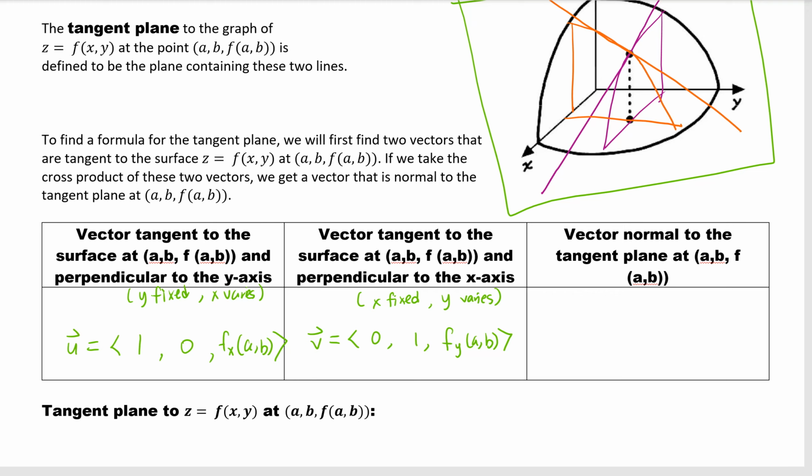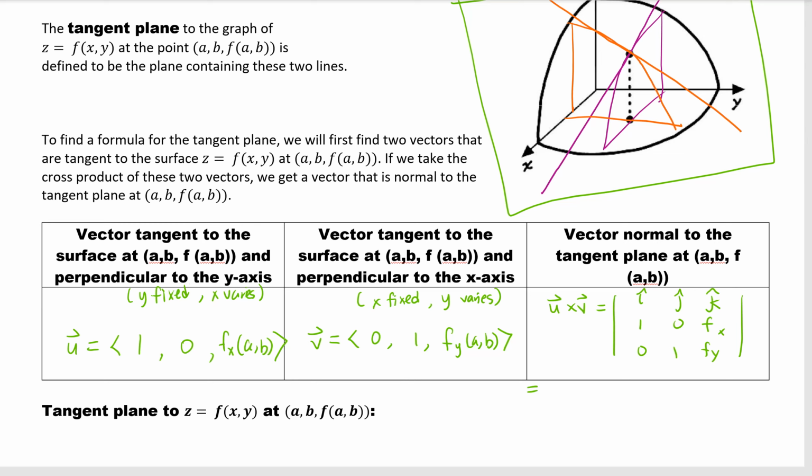And then how do we find a vector normal to the tangent plane? Well, we have two vectors. Now we can consider the cross product of them. So for the cross product, remember the first row is i, j, k. And then the second row is the first vector. To simplify notation, let me just put fx and fy.